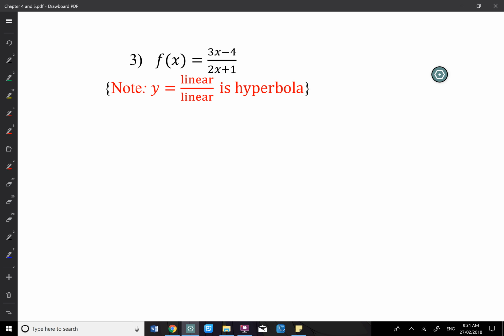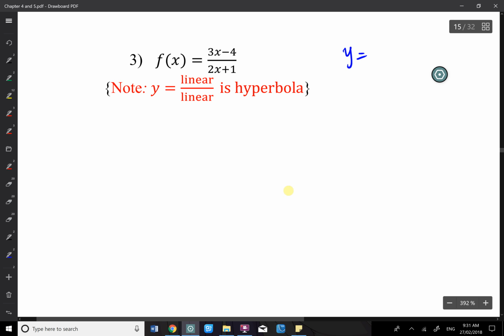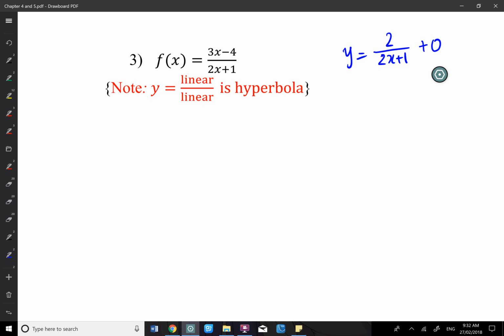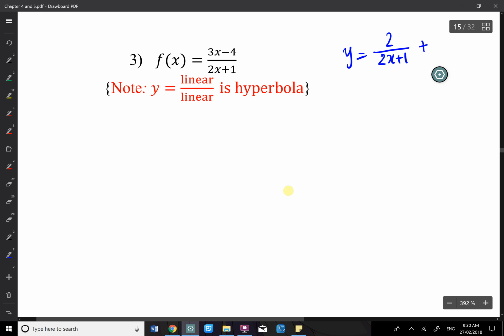For example, y equals 2 over 2x plus 1. This has a plus 0 at the back, right? Your y asymptote is 0, which means there's no x-intercept. There's a horizontal asymptote on the axis, which means you can't have that. Otherwise, if there's no such asymptote, you can definitely solve for it. If that's a 1, if I make y equal to 0, I can solve for it.